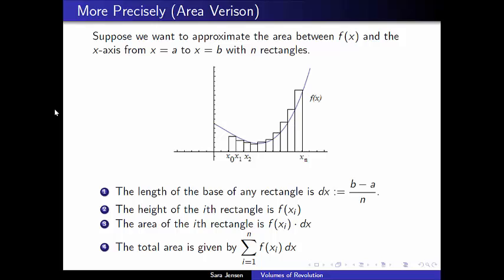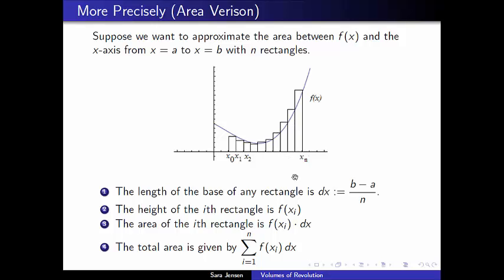When we were determining the general formula for finding the signed area between a curve and the positive x-axis, we used the following picture. We had our curve plotted here and our rectangles beneath the curve. The first thing we did is determine the length of any one of the bases of the rectangles underneath the curve.